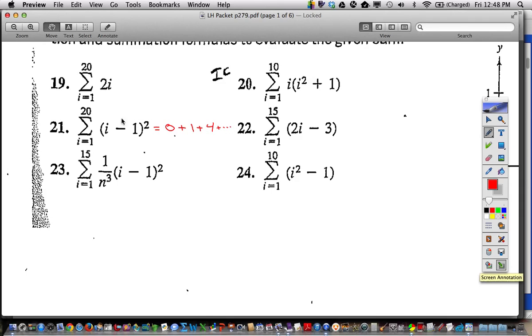And you go all the way out to put a 20 in, you get 19 squared. That's 20 terms. What if you only added up 19 terms? Be the same because the first one's 0. So this sigma 1 to 20 is the same as this one, 1 to 19. Because 1 to 19 would just give you 1 plus 4 plus 1.